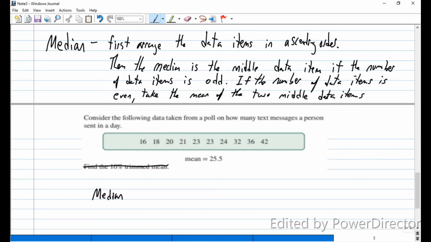And these are already arranged in ascending order. So we have 2 middle data items here. So I'd say 23 plus 23 divided by 2, which really I don't have to say because I know that is equal to 23. And the mean of two numbers that are the same is just that number.